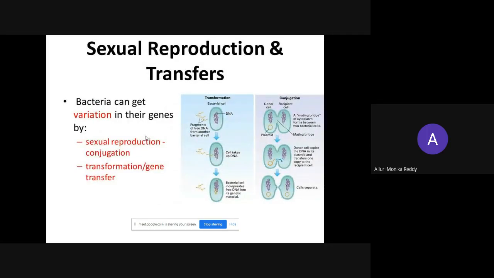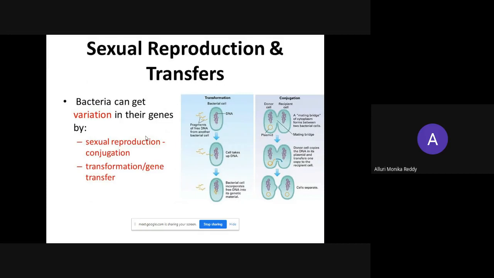Bacterial reproduction is of course strictly asexual, but it undergoes sexual reproduction in very rare cases, like genetic recombination in bacteria, which has the potential to occur through many recombination methods like conjugation, transformation, and transduction.